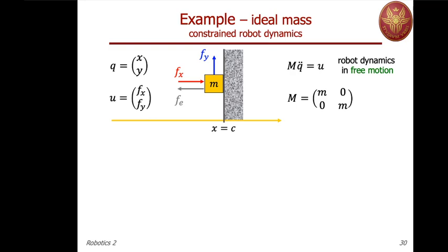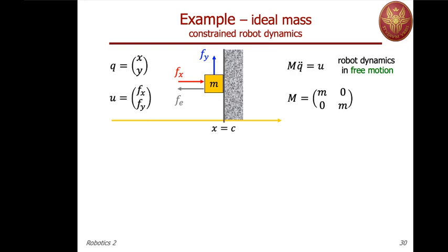And now we are assuming that at time 0, the mass is in contact, so x is equal to c, and it may or may not have an initial velocity, but if it has an initial velocity, of course, this should not be along the direction of x.